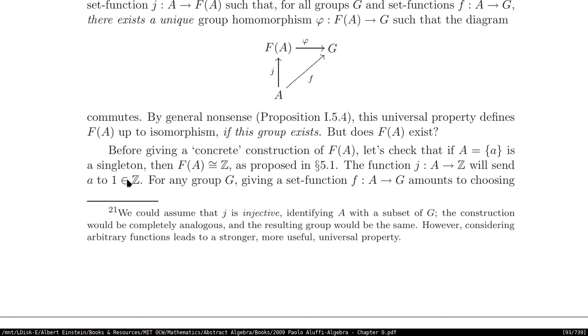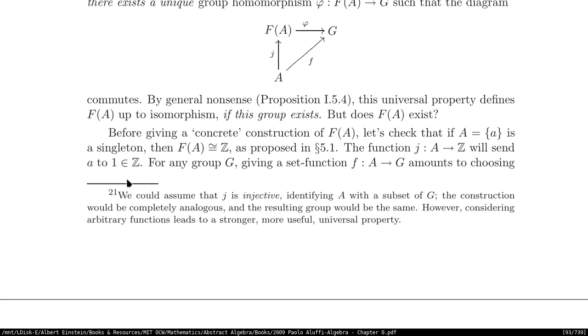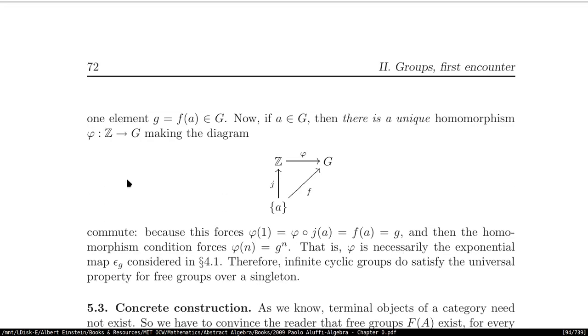Okay, so now you have some group G, then you have a function from A to G, which gives you the element small g, which is the image of the singleton, right? F(A) is equal to g.